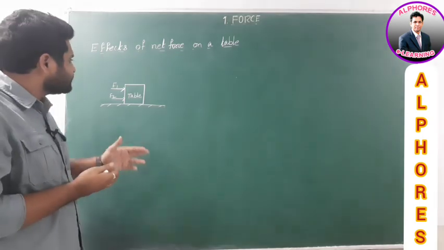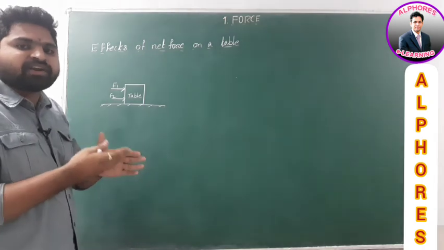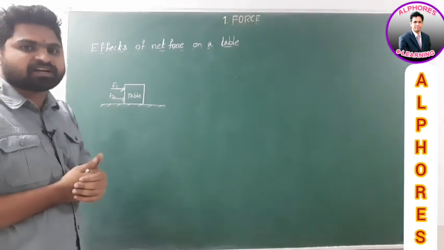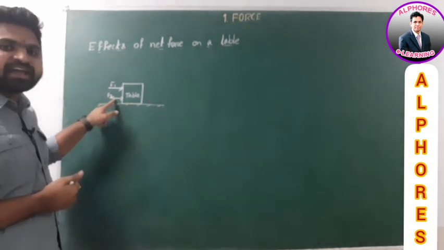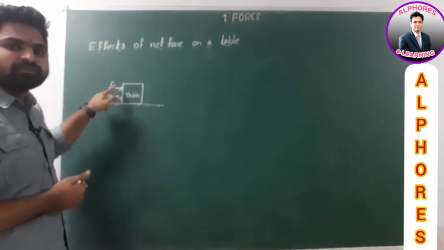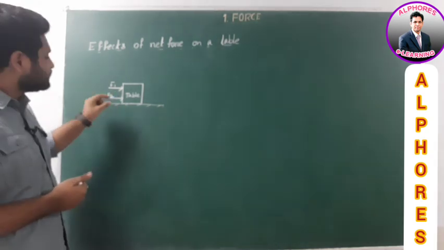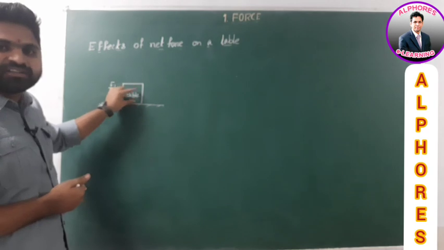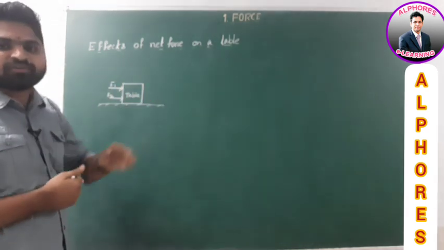You notice that it is easy to push the table when you have taken your friend's help. It is just because the force applied by your friend gets added to the force applied by you. Both the forces acting on the table in the same direction will push the table forward.